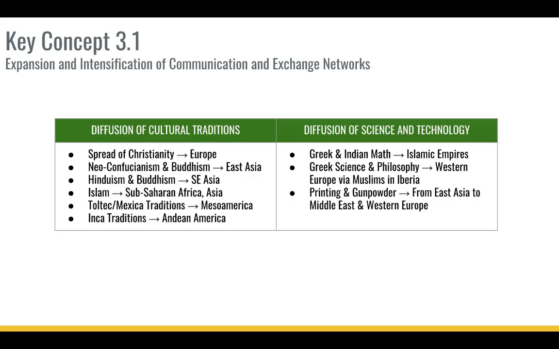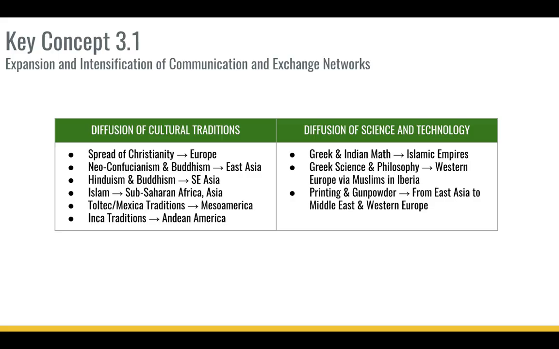Islam, one of the major turning points for this time period, spreads throughout sub-Saharan Africa and even into Asia along the Silk Road and Indian Ocean maritime system. And even in the Americas, Toltec and Mexican traditions spread through Mesoamerica, and Inca traditions spread through Andean America.